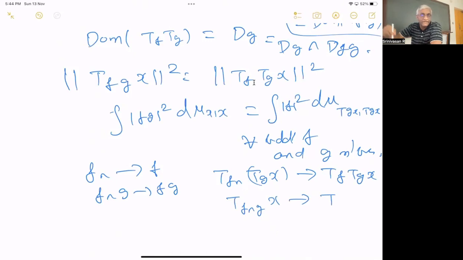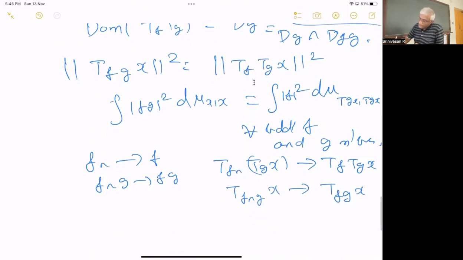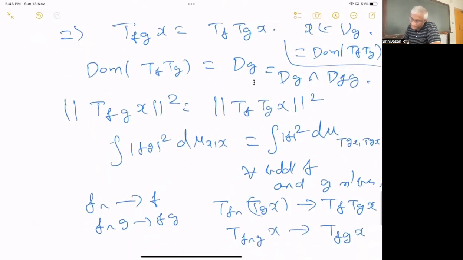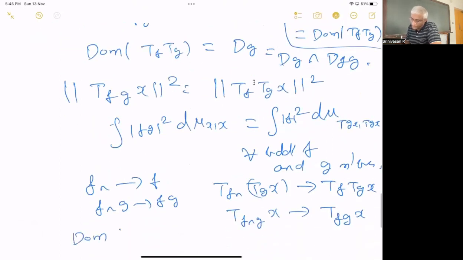F_n converges to F, F_n is bounded, then T_Fn will converge to T_F x, provided x is in the right domain, which converges to T_FG x. From those things, the integral converges, the operator converges. From all these things, this implies that the domain of T_F T_G is again equal to that intersection.